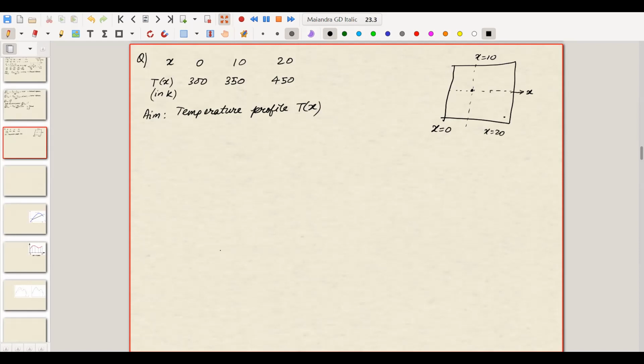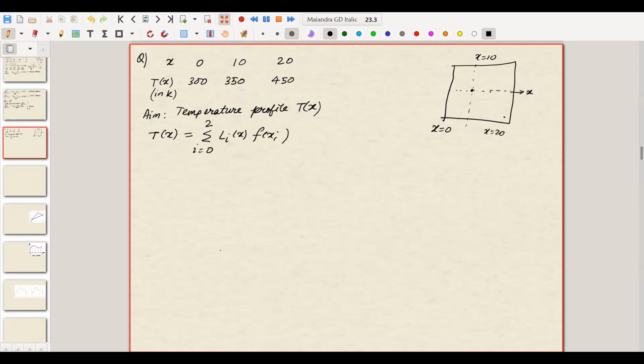So for this, we will use Lagrange interpolation, which I think you already covered in your previous semester. So the idea is to use a Lagrange polynomial. That means we will assume that T of x is represented by the sum of Li of x and f of xi, where Li of x are your Lagrange polynomials.